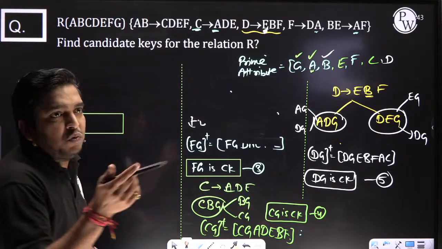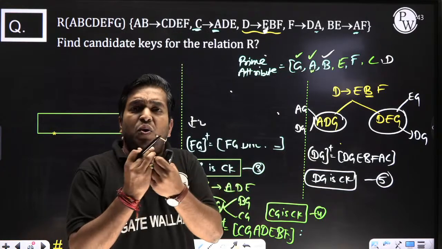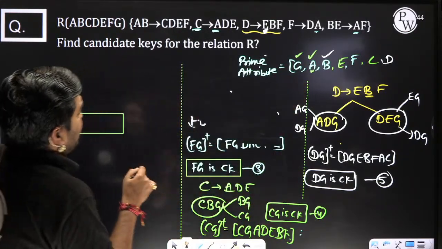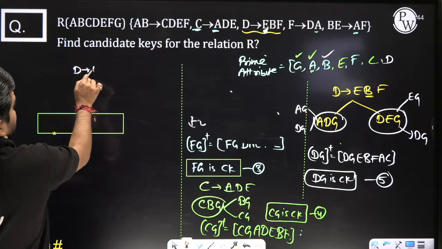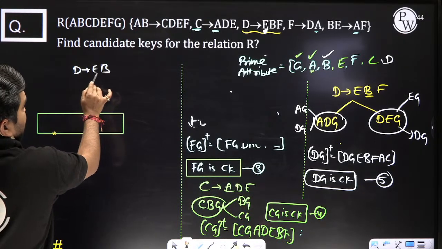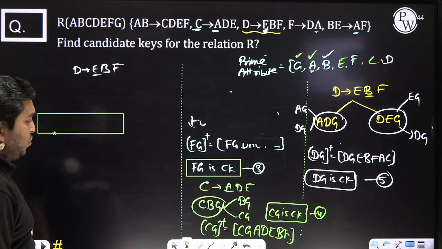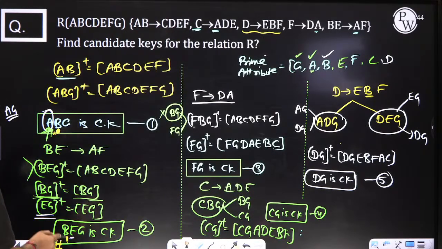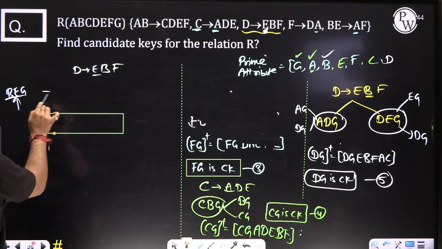We have to check each and every prime attribute, no? Because I told you, if you follow this method, you don't need to follow any other method. Believe me. Now check for E, E on the RHS. E determines, wherever E can be replaced by BG.